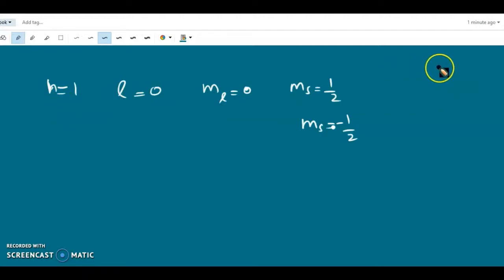In the hydrogen atom case, it is E1 by n square. For hydrogen-like atoms, singly ionized helium, doubly ionized lithium, etc., it is Z square E1 by n square, dependent on the principal quantum number.